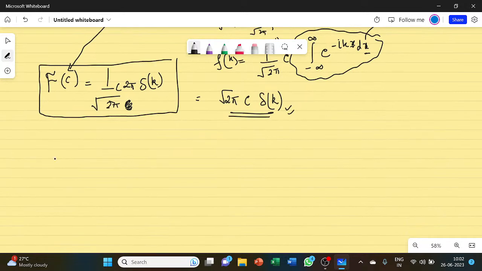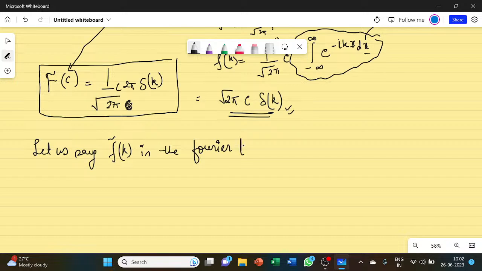Now let us say that f tilde k is the Fourier transform of f of x.